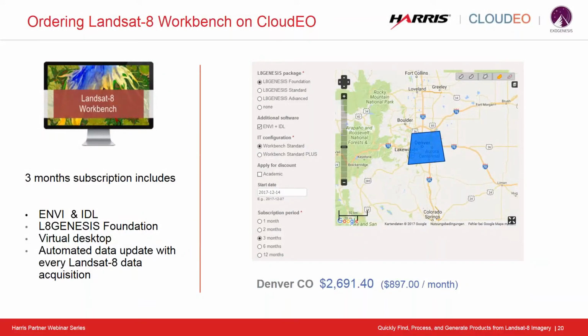We chose the Workbench Standard and a 3-month subscription period. Within that subscription period, whenever there is a Landsat 8 data acquisition, the new data will automatically be uploaded to your Workbench. This is great because it ensures that you always have the latest data to work with, and you don't have to worry about updating or anything.